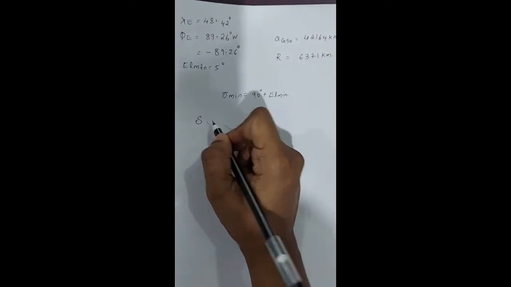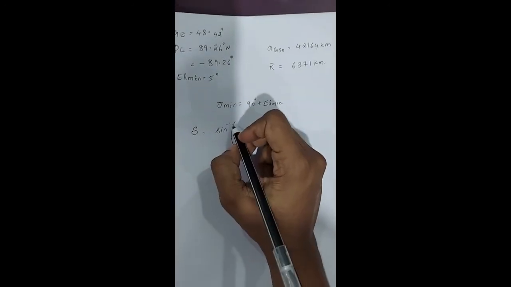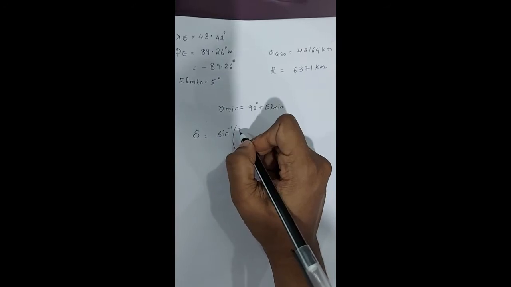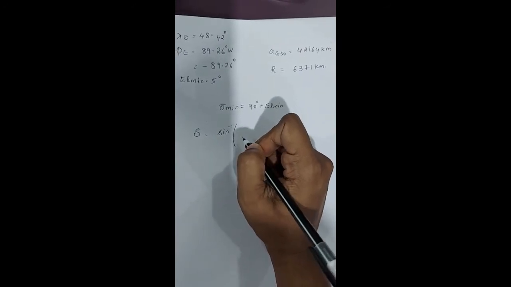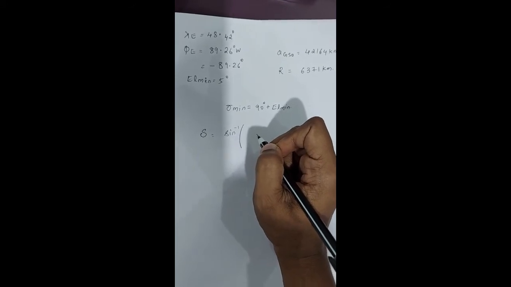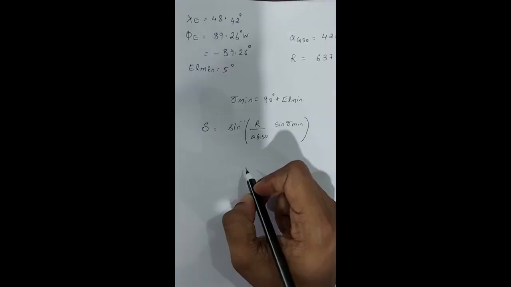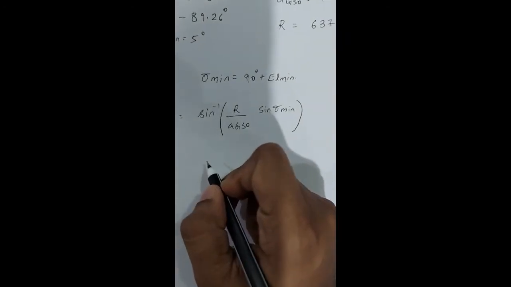S is sine inverse of R by AGSO times sine of sigma. Substitute the values.